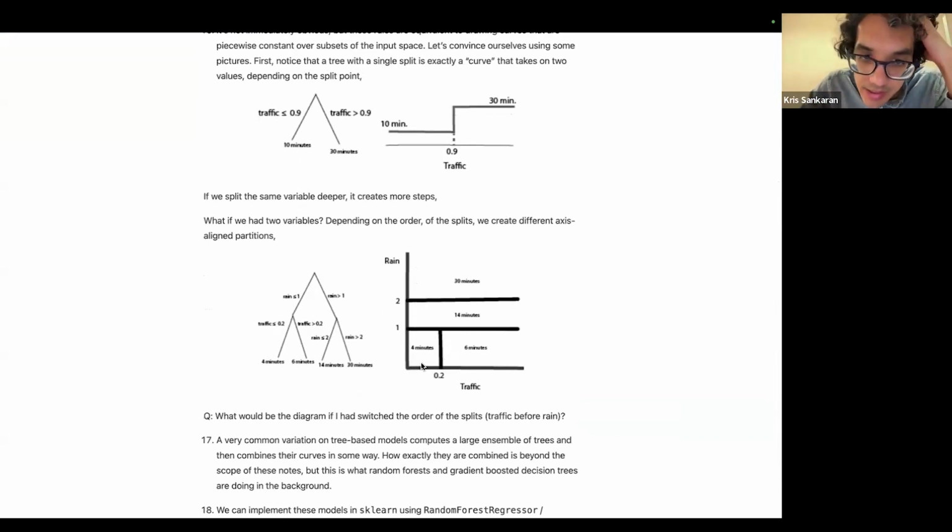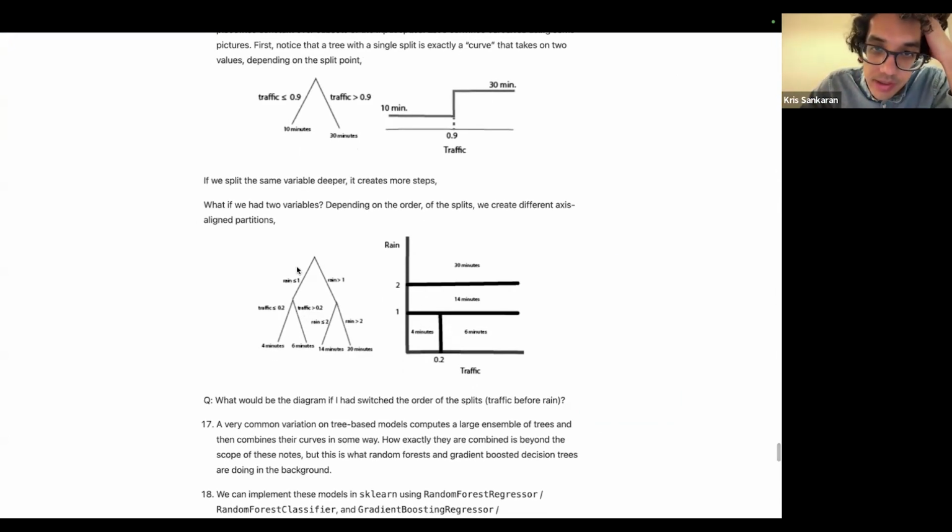So how did I get to this picture? First I split on whether rain is small or not. So I cut at rain is 1. When rain is above 1, you're going to have either 14 or 30 minutes. So that's this 14 or 30 minutes. When rain is less than 1, I have either 4 or 6 minutes, right?